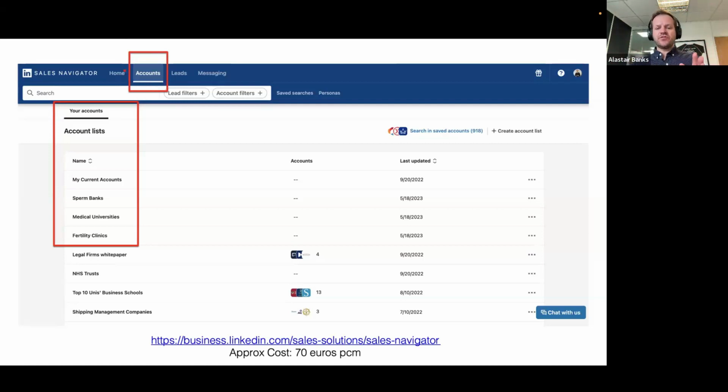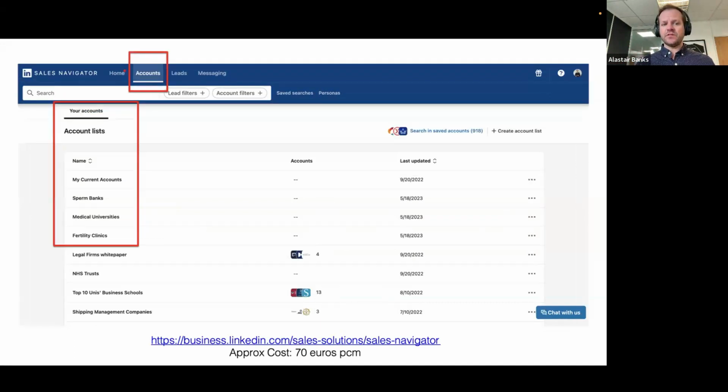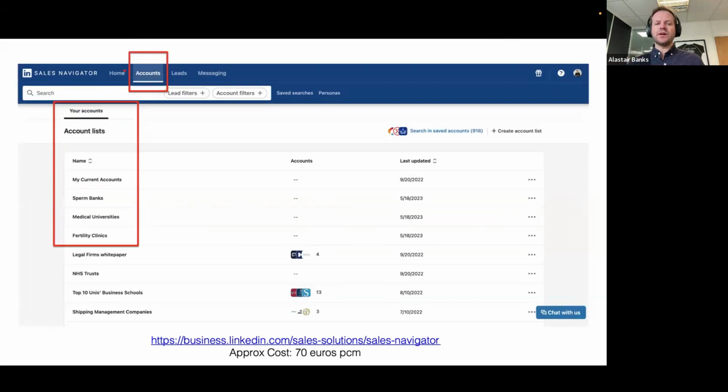There are two areas of Sales Navigator we need to touch on. The first one is called accounts, which is the bit that's ringed in red at the moment. An account is an organization. If I go to this screen, a lead is an individual. An account can have multiple leads associated with it.